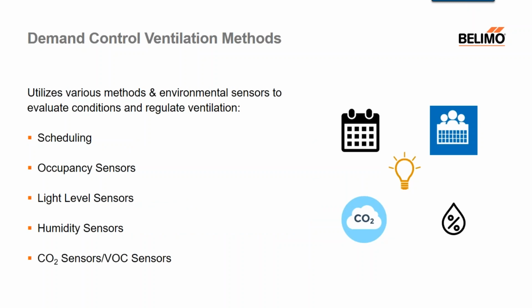Demand control ventilation utilizes various methods and environmental sensors to evaluate conditions and regulate ventilation. These methods include scheduling, occupancy sensing, light level sensors, humidity sensors, and air quality sensors such as CO2 and VOC.